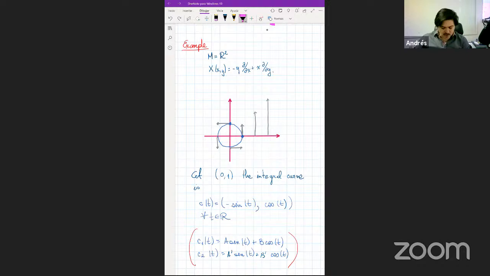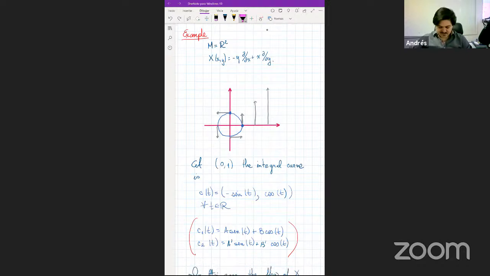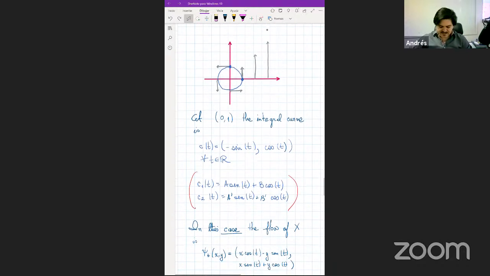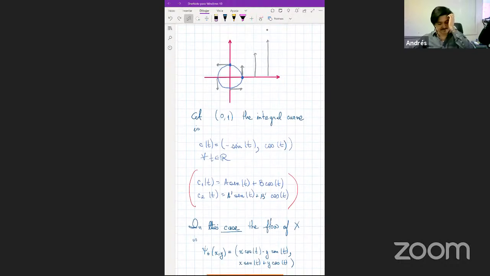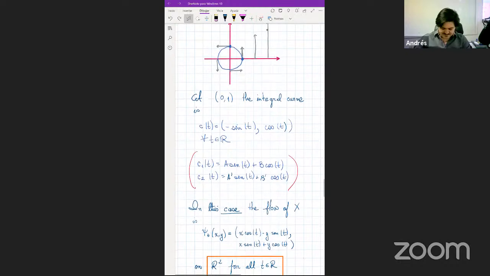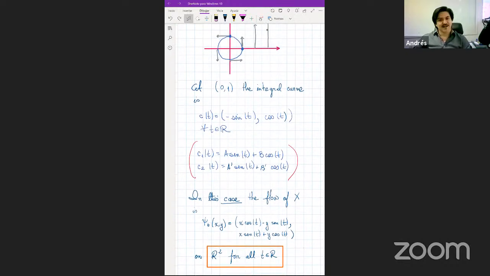So in this case, the flow looks like this. But this is good because you see now, I don't have to shrink to a smaller set W. It is on the same manifold that we have the vector field.